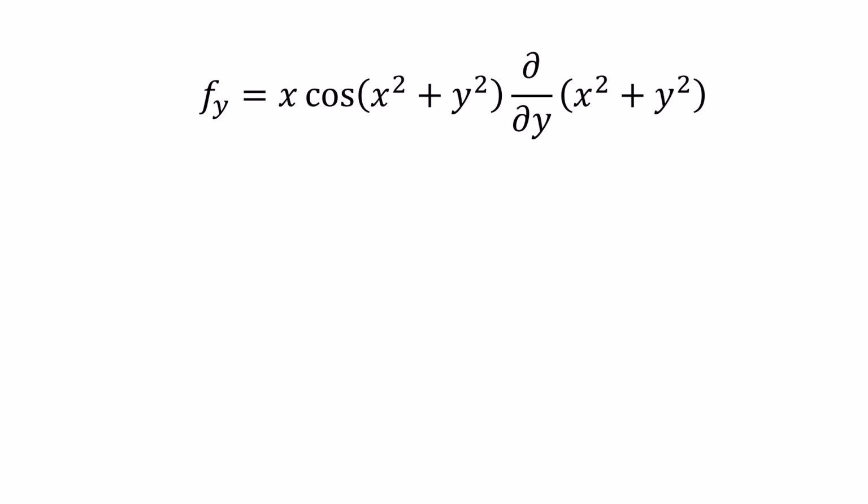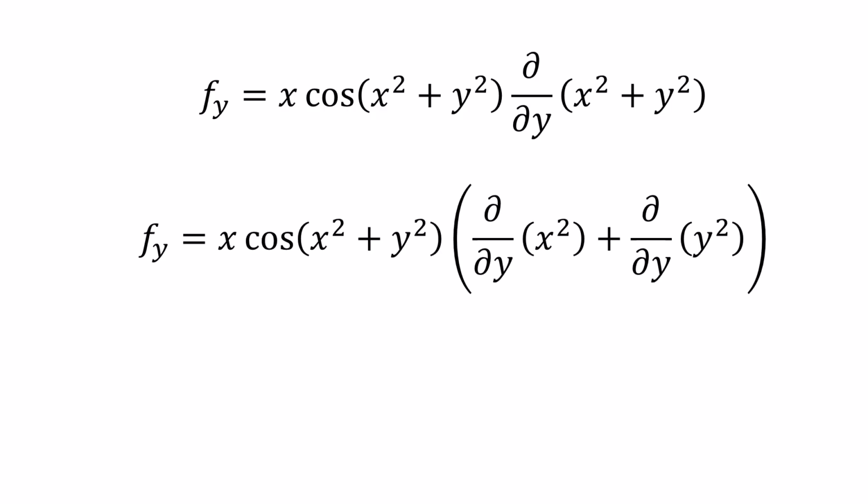Applying the sum rule, we obtain f sub y equals x cosine of x squared plus y squared times d by dy of x squared plus d by dy of y squared.